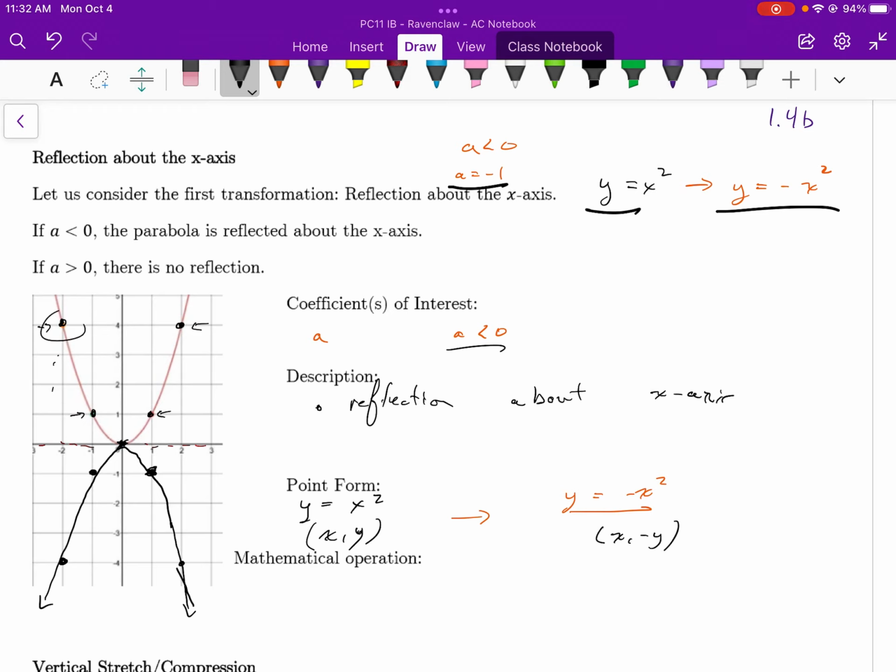That is, take for instance this point, -2, 4. When we reflected it, it became -2, -4. The mathematical operation here is we simply, when we reflect, we multiply the y values by -1.